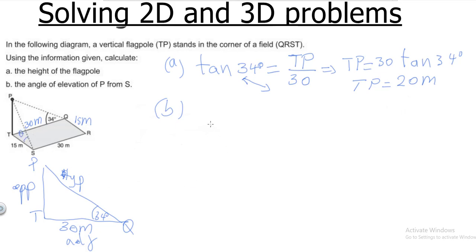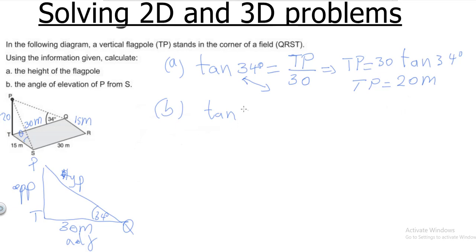All right. So now we are going to look at the given sides, okay? We know that the opposite side is 20 meter, and the adjacent is 15 meter. Since we have an opposite which is given, TP, it's opposite to the angle theta.